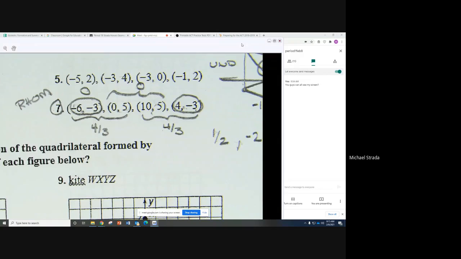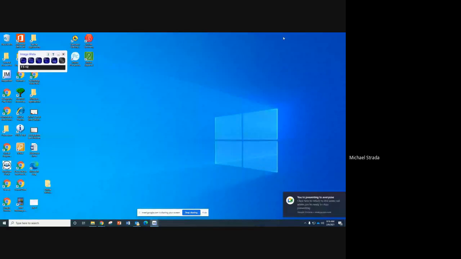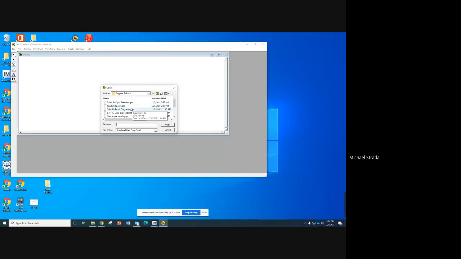So you show your work that way. Now, the next section: what is the most precise classification of the quadrilateral formed by connecting in order the midpoints of each figure below? For this, it takes so much time, you are certainly allowed to memorize. So it's up to you if this is easier for you.